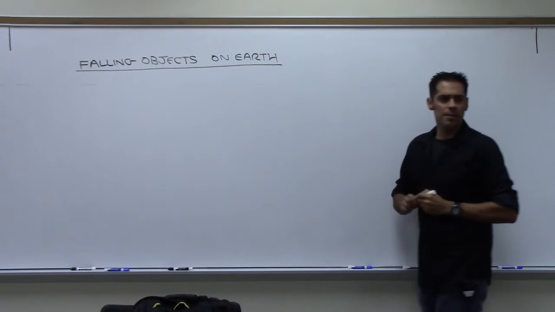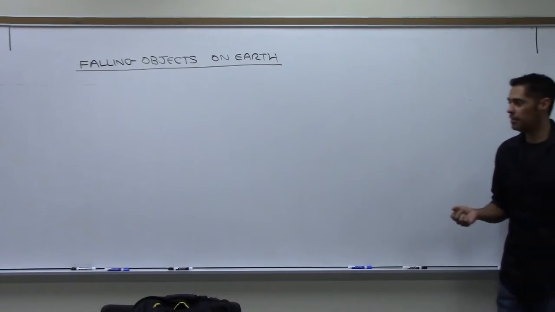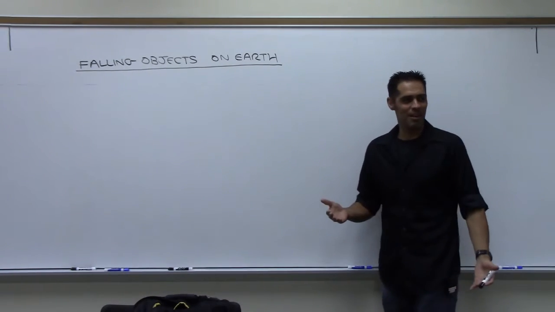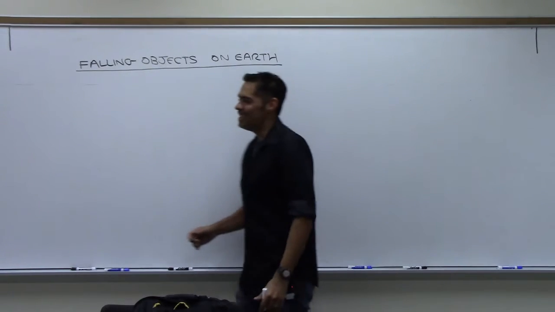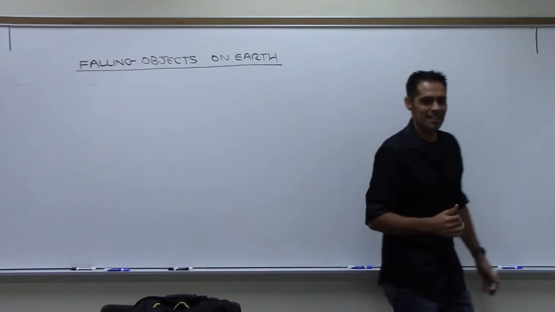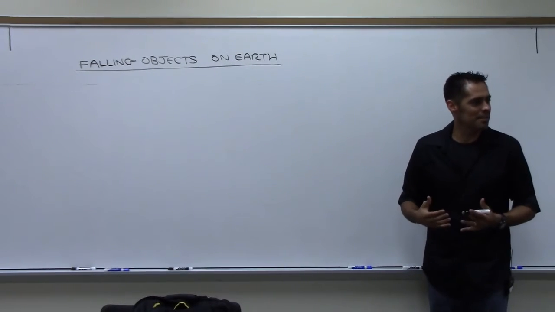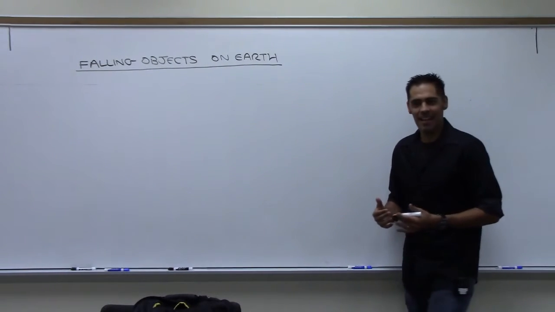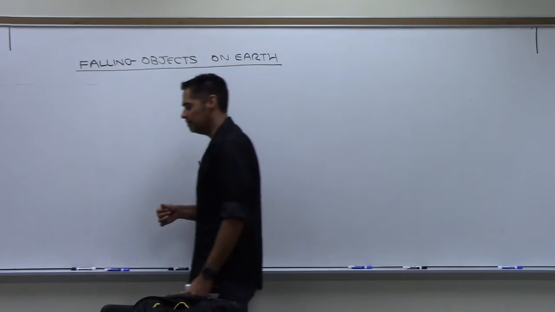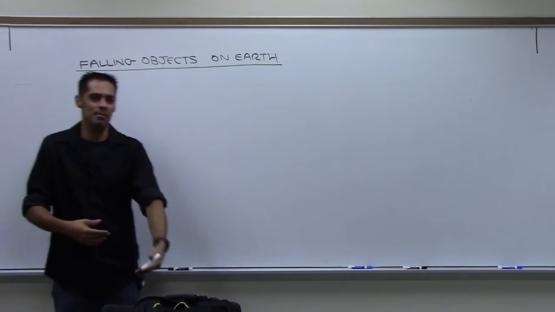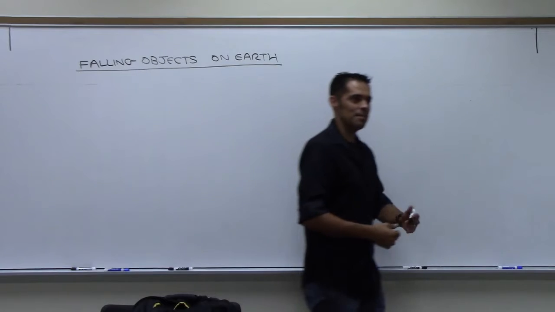So if you are standing on the Earth, which you all have done, you jump up and down, and we have an idea of how long it's going to take to come back down, right? If I jump off a 5-foot little platform, it's going to take some time for me to get to the ground, right?